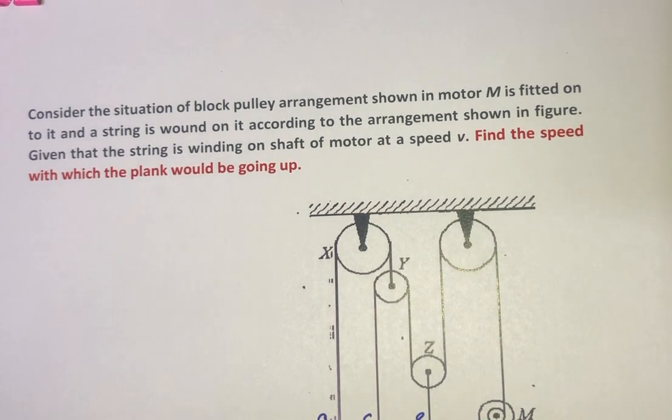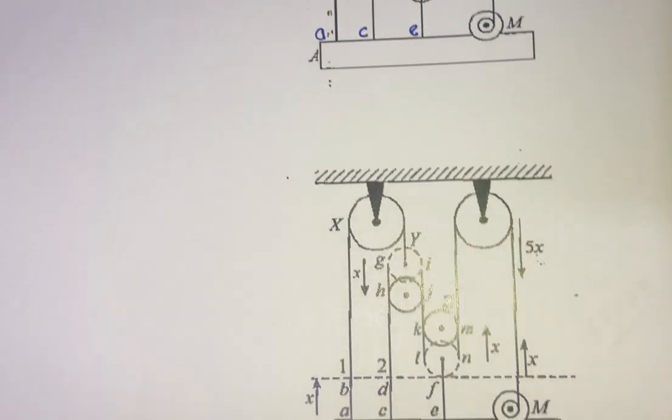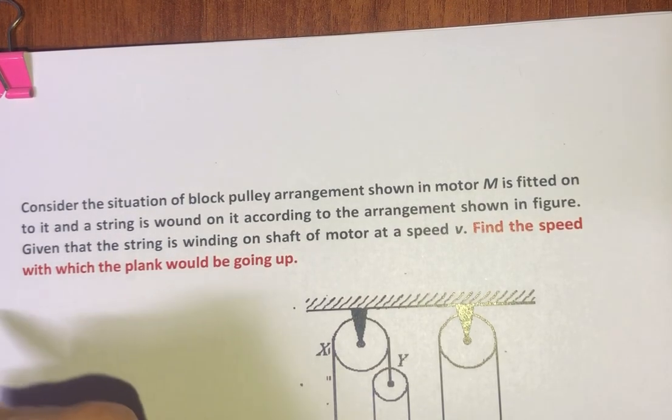So this entire discussion will be carried out based on this figure. Let us assume that string 1 with the plank A moves up by a distance AB. Okay, so we can write this.